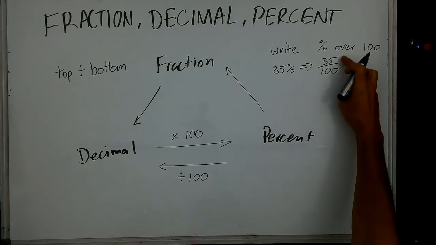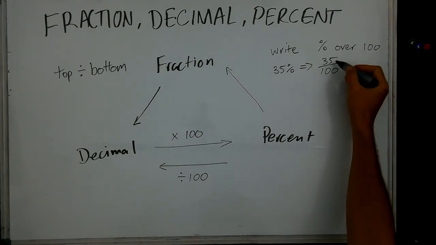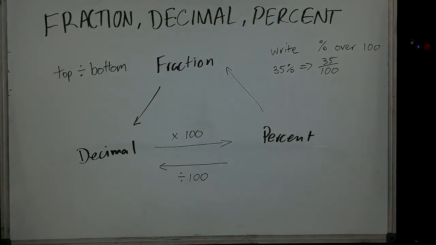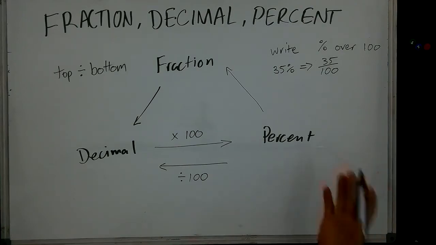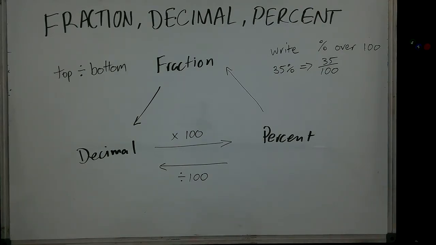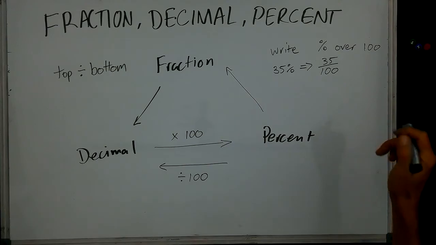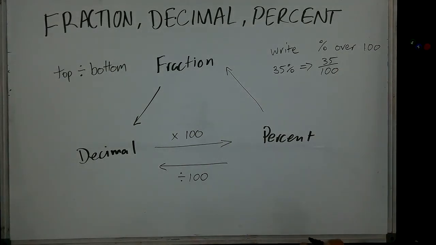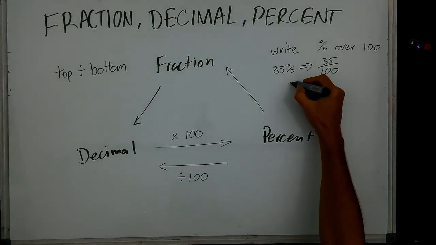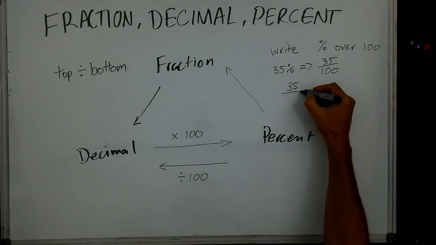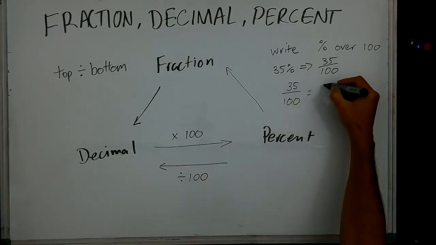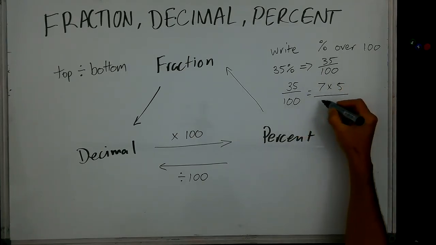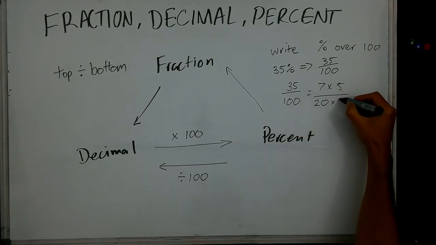So in this case, we've got a number 35 ends with a 5. And I know that numbers in the 5 times table end with a 5 or a 0, so I know both these numbers end with a 5. So what I'm going to do is break the top and bottom into something times 5. So 35 over 100 equals 7 times 5 over 20 times 5.